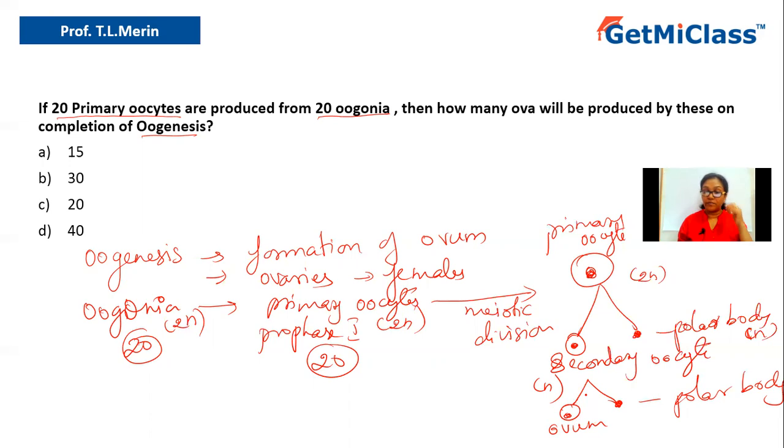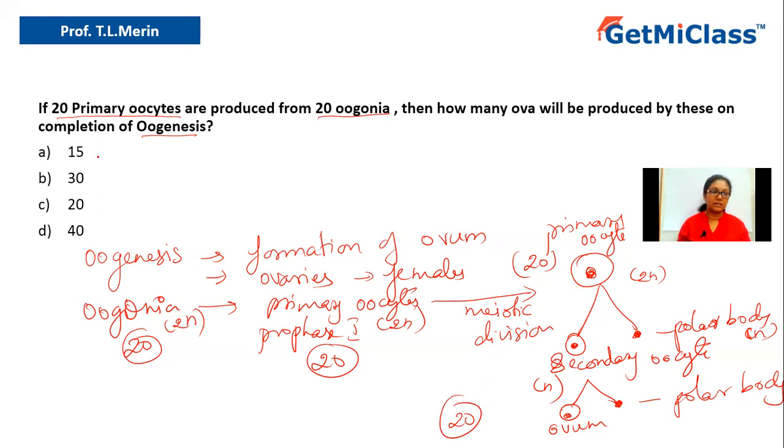In case of males, one spermatogonial cell will give rise to 4 sperms, whereas here, one primary oocyte will give rise to only one ovum. So suppose there are 20 primary oocytes. How many ova? 20 primary oocytes will produce 20 ova, because for one primary oocyte, one ovum.